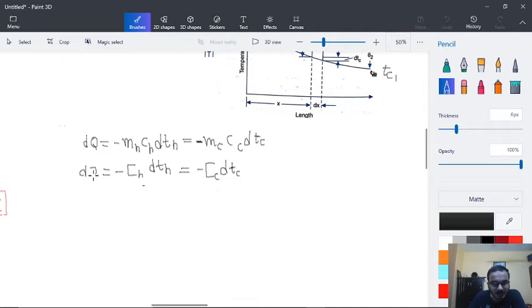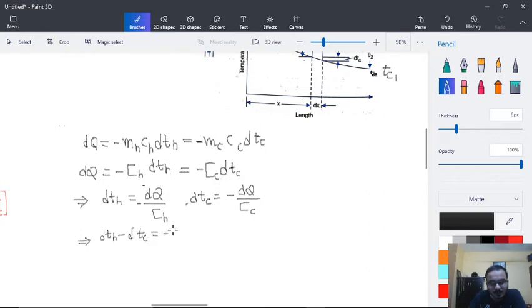Now this is the value of dq. So based on that, we can write dTh is equal to minus dq over Ch, and dTc is equal to minus dq divided by Cc, and here dTh minus dTc is equal to minus dq upon Ch plus dq upon Cc is equal to minus dq into 1 upon Ch minus 1 upon Cc.